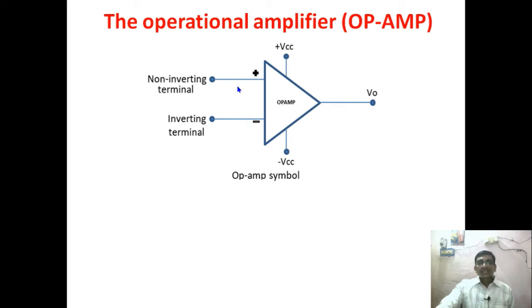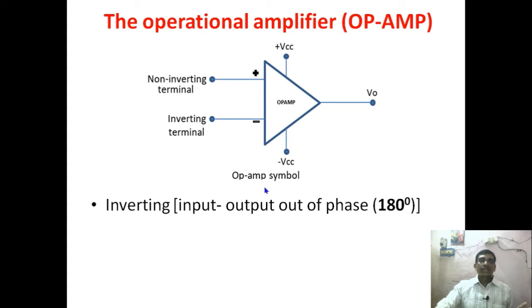Why they are called non-inverting and inverting inputs we will see later. The two supply voltages are plus VCC and minus VCC. Sometimes it is called minus VEE, because in the differential amplifier this negative supply is given to the emitter, so it may also be called minus VEE. And this is the output terminal.